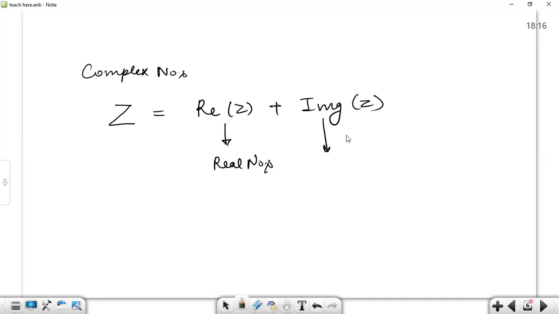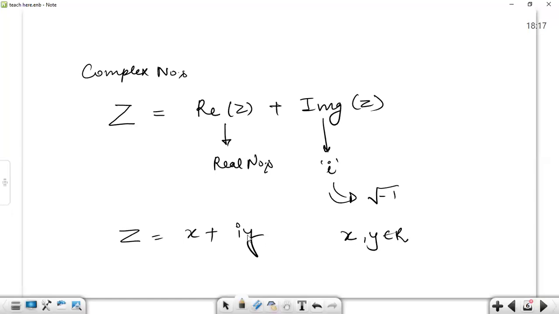The imaginary part has the unit iota, where iota is the square root of -1. It is written in the format x plus iota y, where x and y are real numbers. Iota is the unit of imaginary numbers, and that is how this becomes a complex number. We will discuss it later in the chapter on complex numbers.